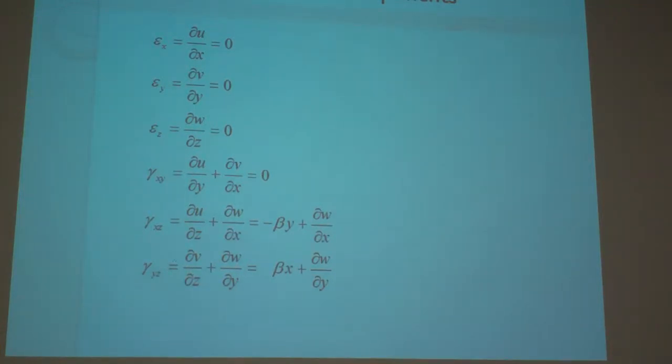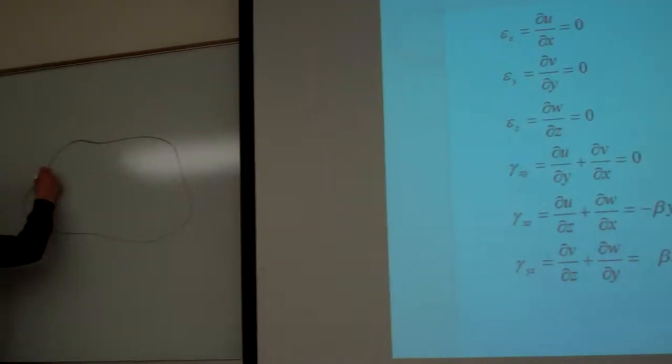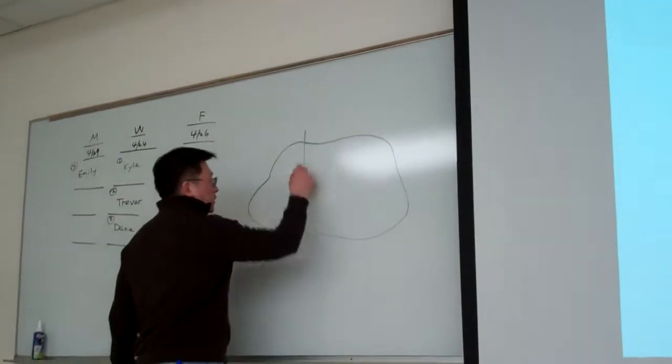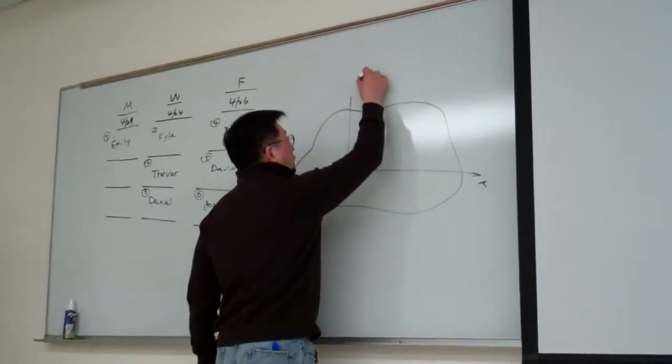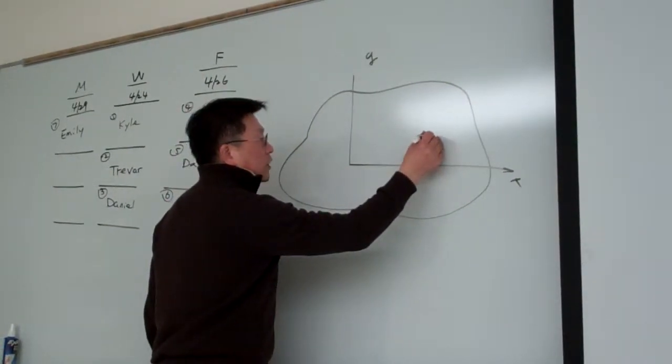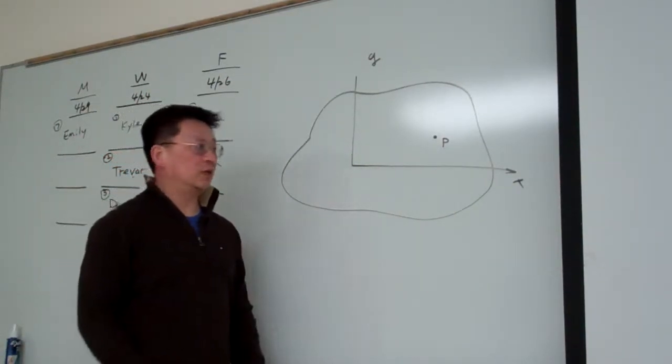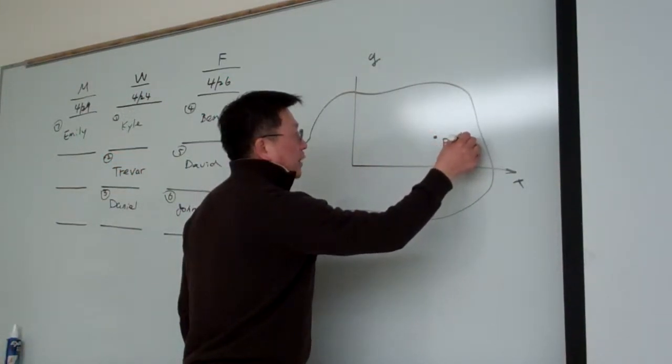So again, here is the cross section, and right now we start from our displacement formulation. Okay, so this is xy coordinate. And there we're starting from to track the displacement of a point P, and that has a coordinate xy.